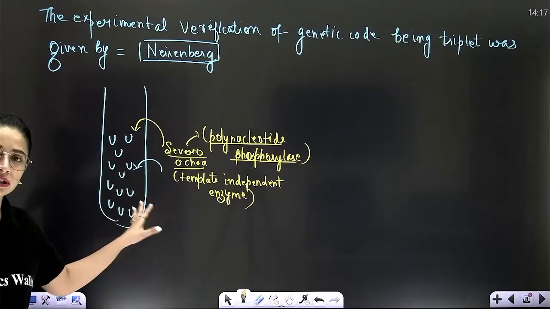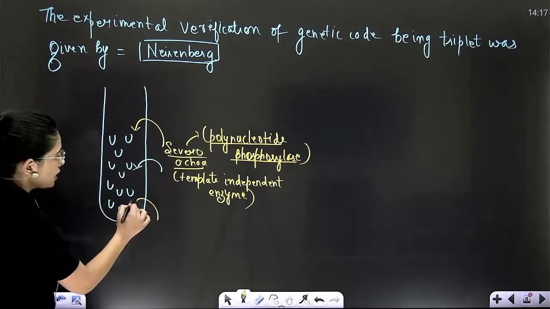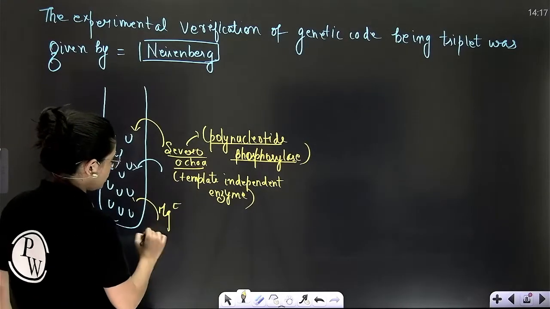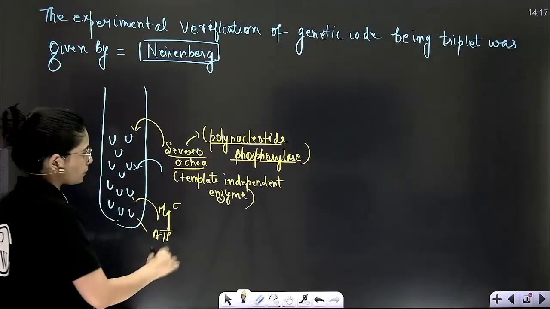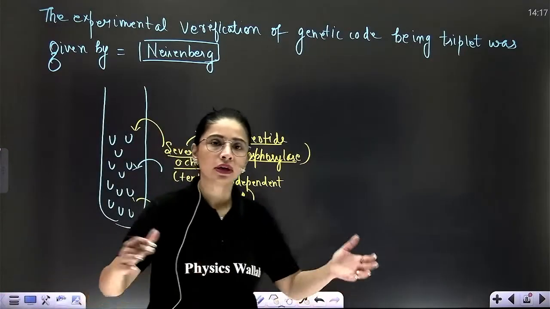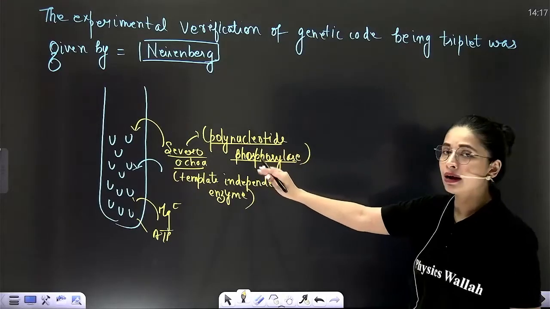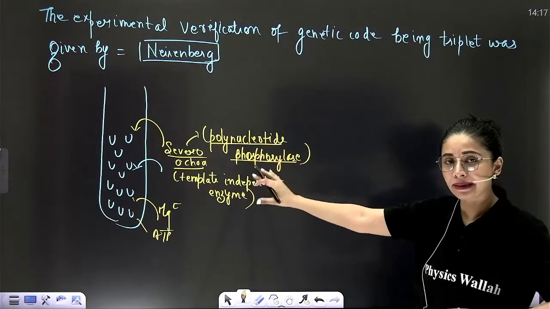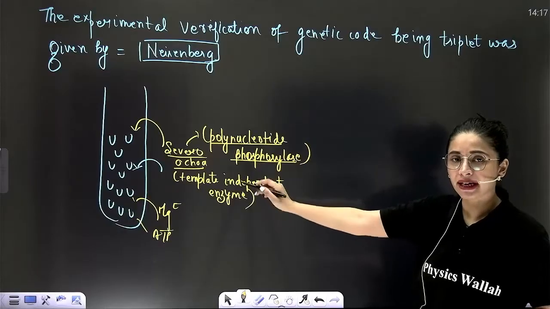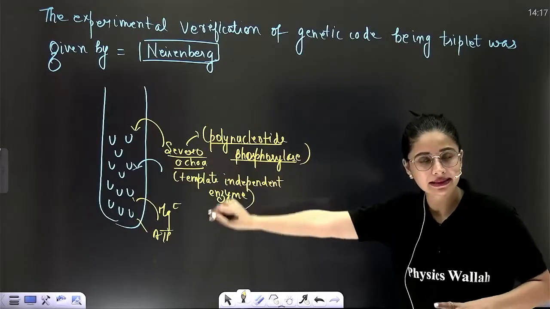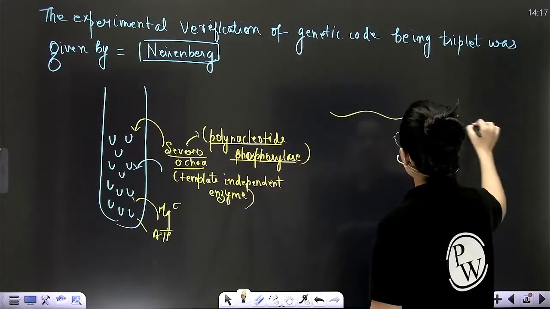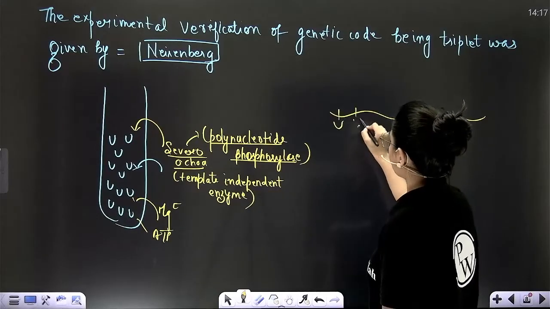What is the role of the enzyme? Apart from this, some magnesium ions, energy, and many more things required for the translation process were provided. Now this enzyme, in a template independent manner, will pick up all the free uracils added in the test tube to make an RNA chain.